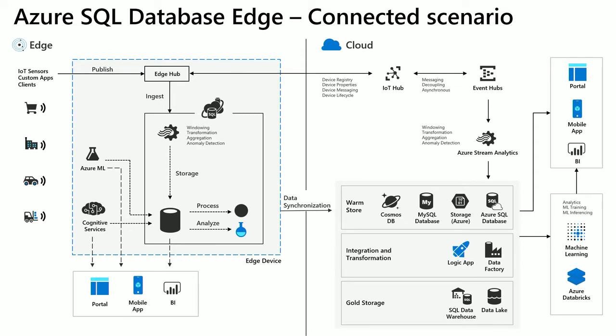Now, what we are building and what we'll provide is a native data synchronization capability, which allows you to sync data from an edge device all the way to Azure to any of these targets listed there. So you can take SQL data from your edge device and export it to or sync it to Cosmos DB, SQL DW, Azure Blob Storage, ADLS, any data target of your choice.